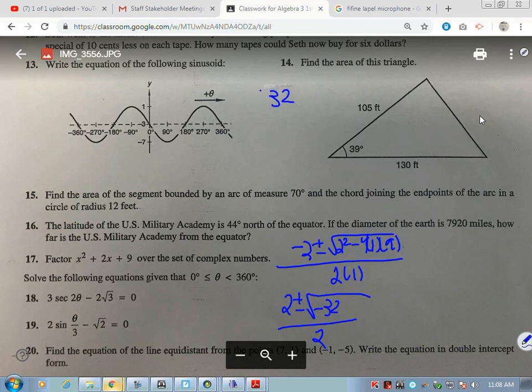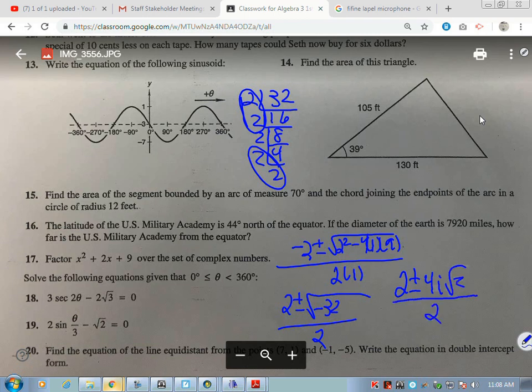So we're going to figure out 32, 2 and 16, 2 and 8, 2 and 4, 2 and 2. So we need basically 4 radical 2. So we're getting 2 plus or minus 4i radical 2 divided by 2. That's going to be 1 plus or minus 2i radical 2.